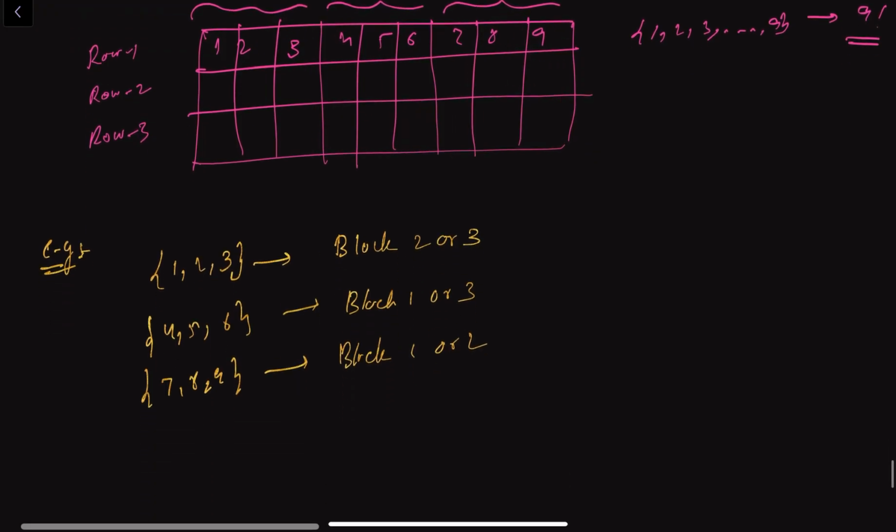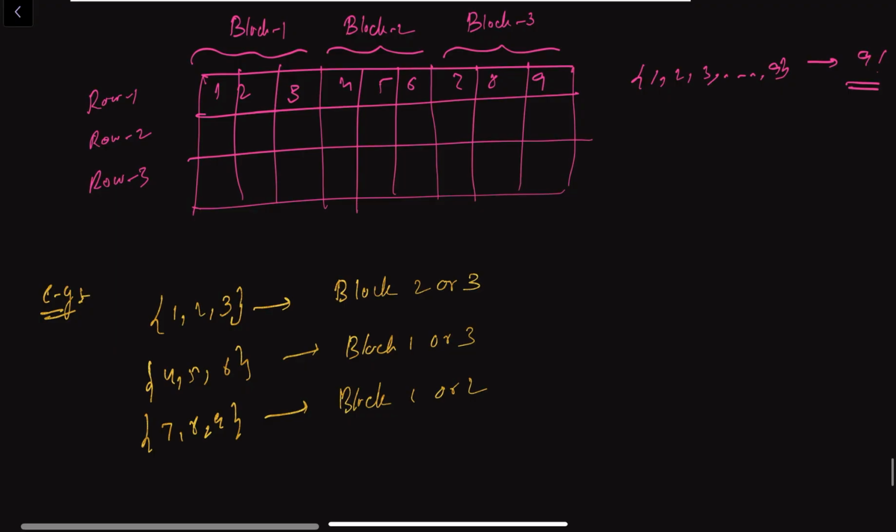Let's say some A digits from 4, 5, 6 are going to block 3.